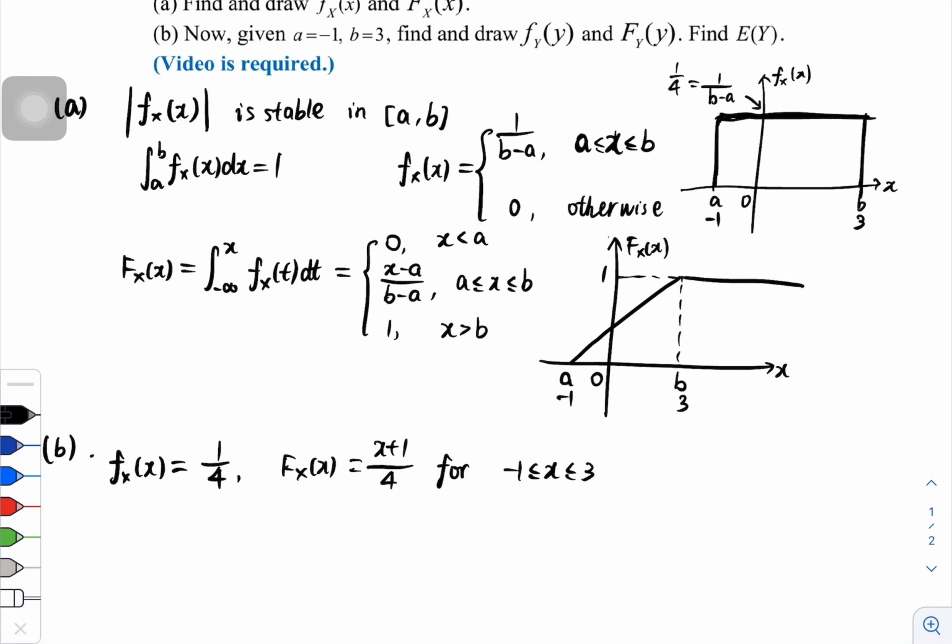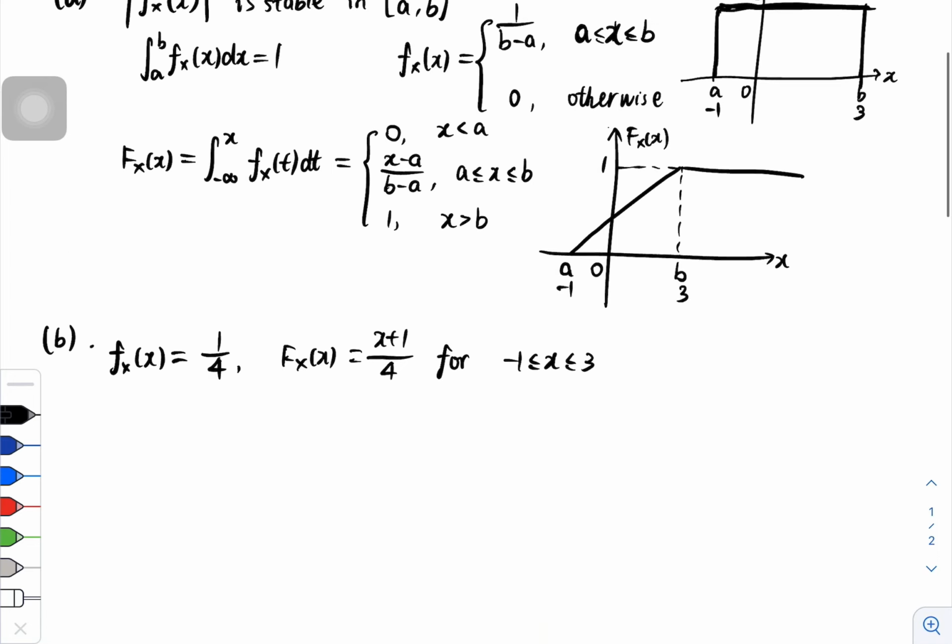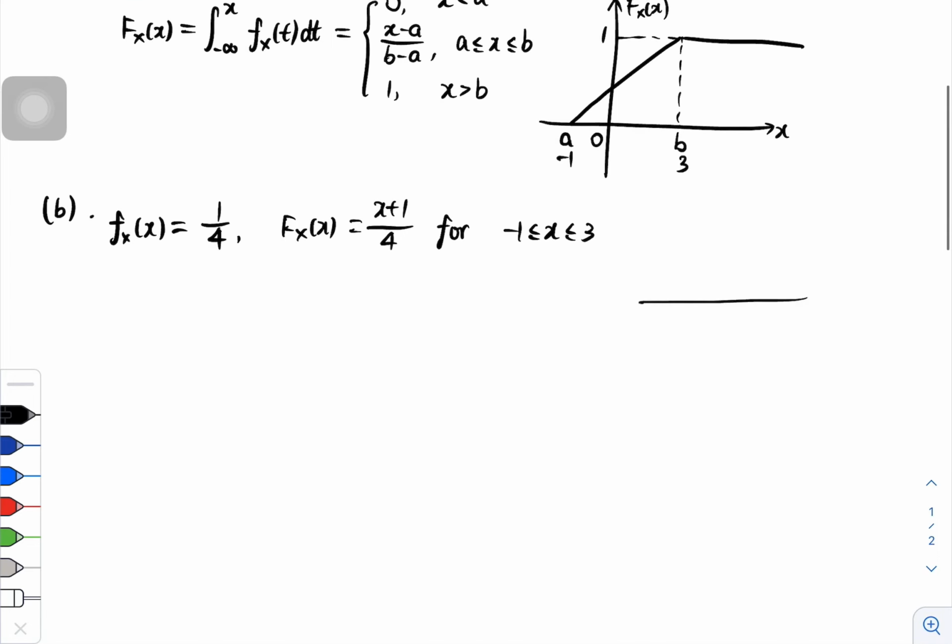For y equals the square of x, consider this is x, this is y. Actually, it is something like this. This is 1, this is 1, and this is 9. We have to consider this.